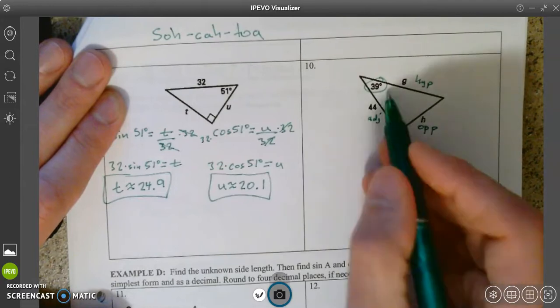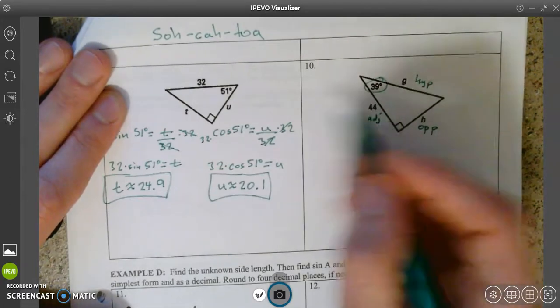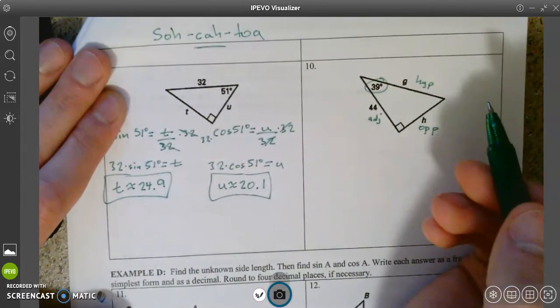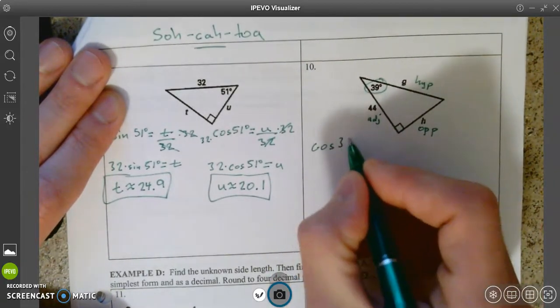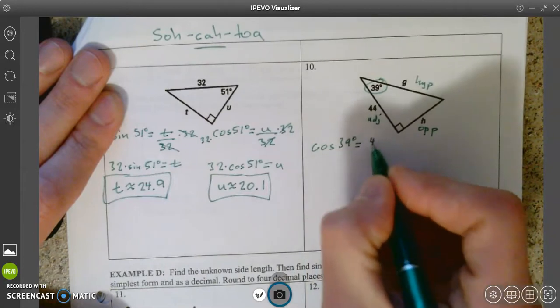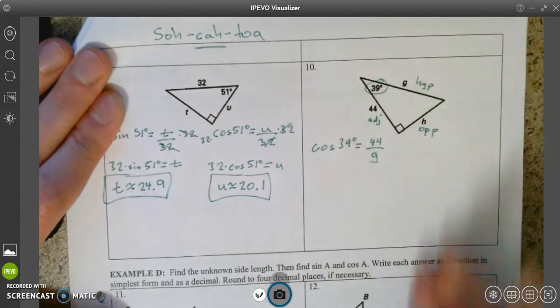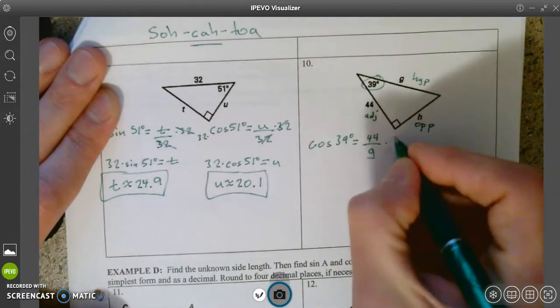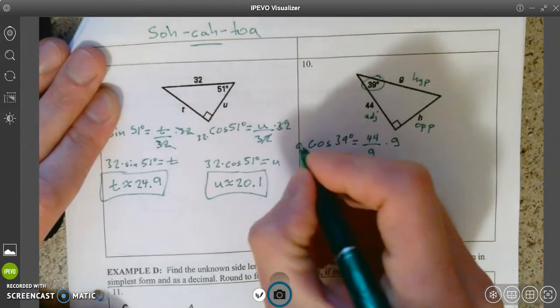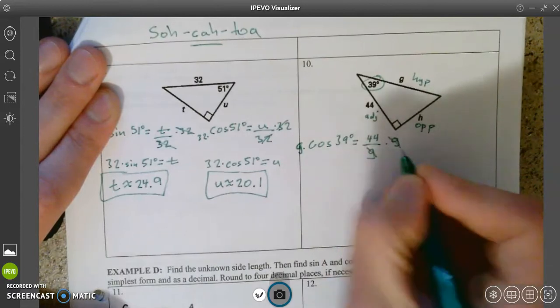Knowing that, I want to use the one that has adjacent in it. The one that has that is cosine for this problem. So I'm going to use cosine first. So cosine of 39 degrees is equal to adjacent over hypotenuse. So 44 over g, multiplied by g on both sides. So the g's cancel here.